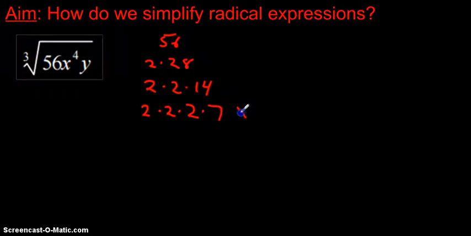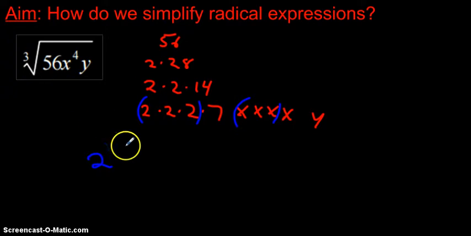Then we have 4 x's and 1 y. These 3 2's are 3 cubic roots of 2, which means 3 of them make a 2. We also have 3 x's, so 3 of them make an x, leaving us with our radicand containing a 7x and a y.